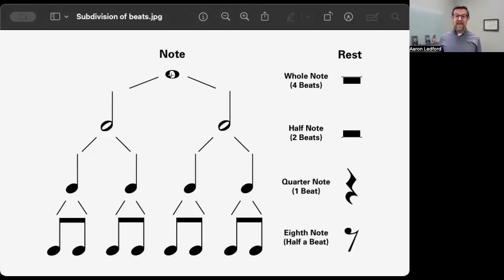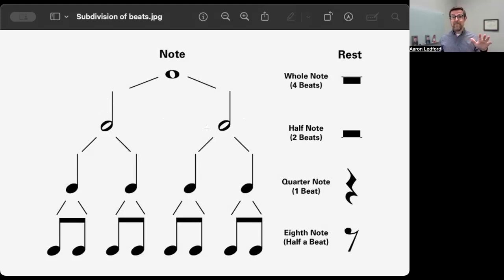Now we can divide that long note, that whole note, into smaller bits, and that's what this chart does. The first level down shows us what's called half notes. This first half note would get all of beats one and two. In other words, we'd hold down beat one and two, and this last half note would get all of beats three and four.